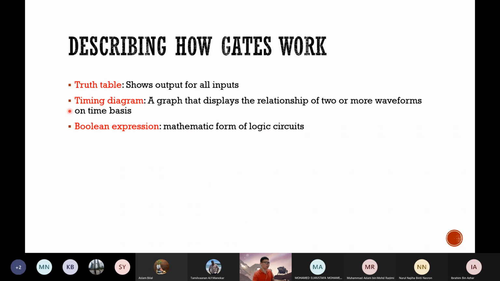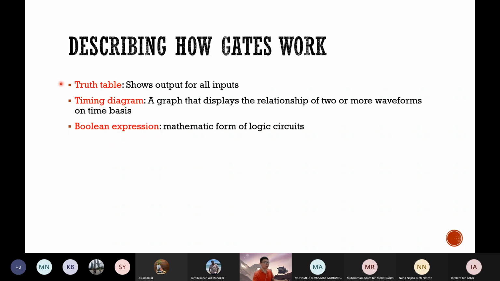These 3 elements can describe any logic gates. Not only that, you can describe any digital system using these 3 elements.